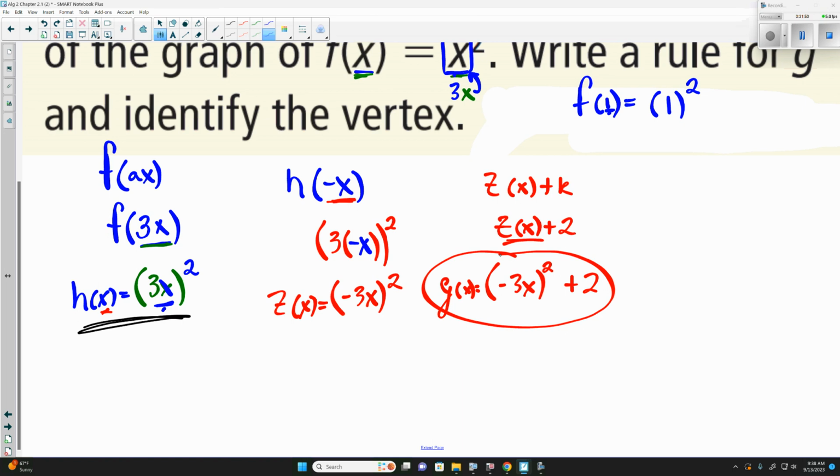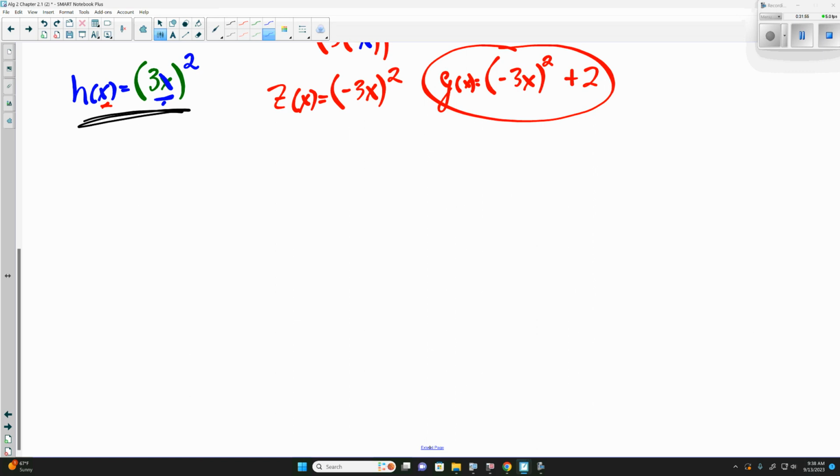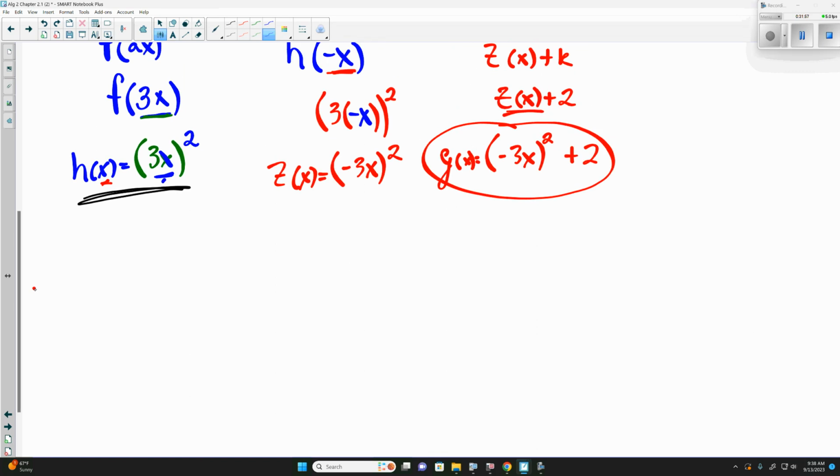Can we make it more simplified than that? For this one here, yes. Because I'm not going to ask you to do this next part. Let me get purple, the writing utensil. Because here, 3x squared, we could have simplified this because it's one term. 3x times 3x, that's what a square is saying. We're multiplying it by itself. 3x times 3x is 9x squared. The 3 times 3 is 9. x times x is x squared. So we could have simplified that.